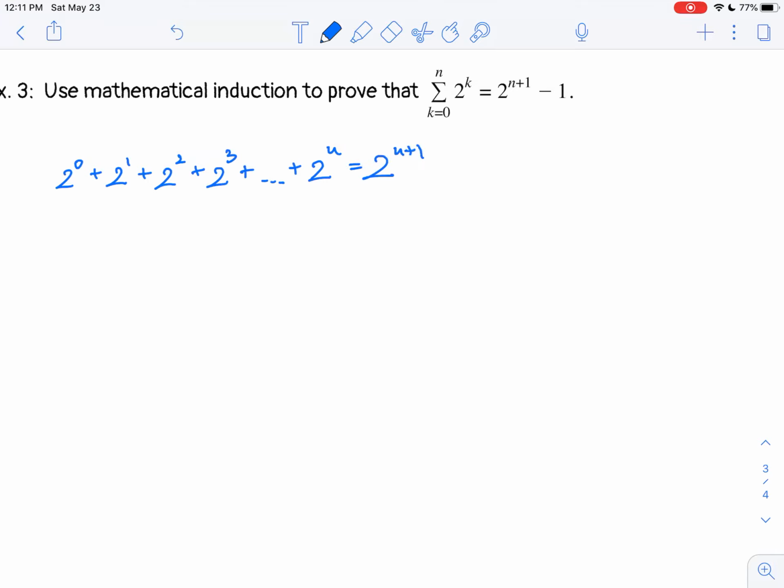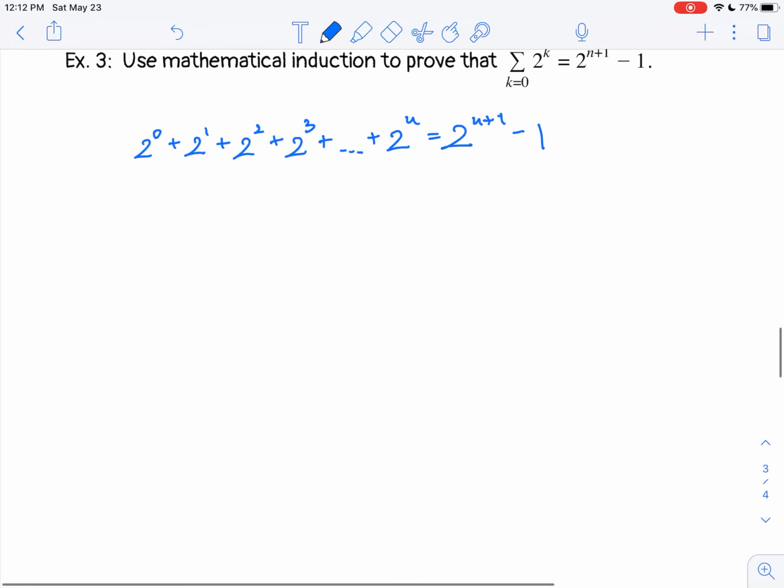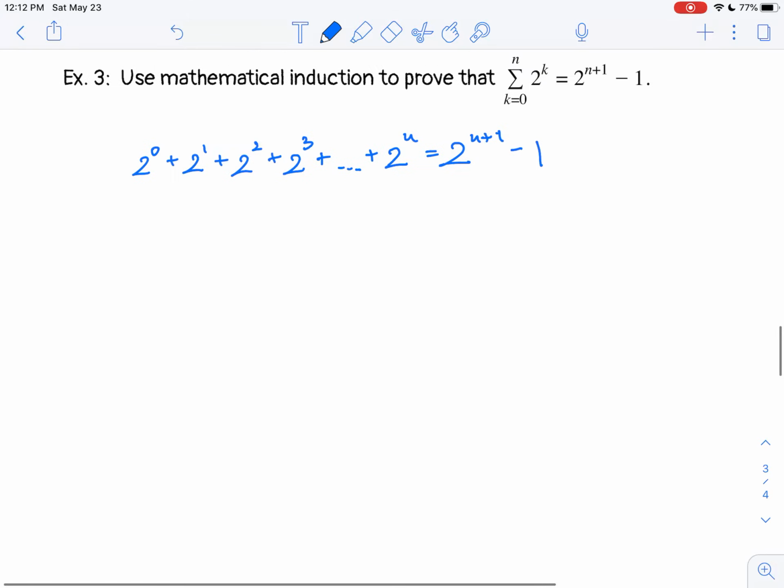But that should equal 2 to the n plus 1 minus 1. So that's a rough translation of what this means.